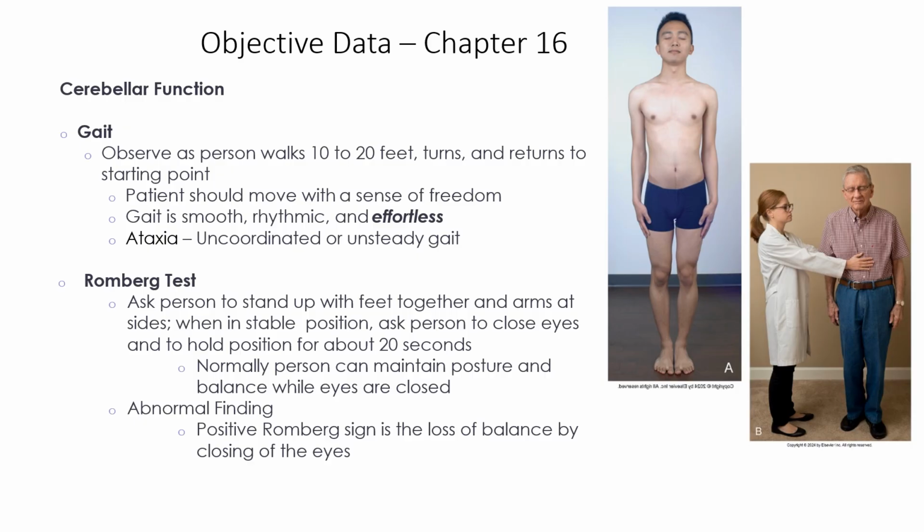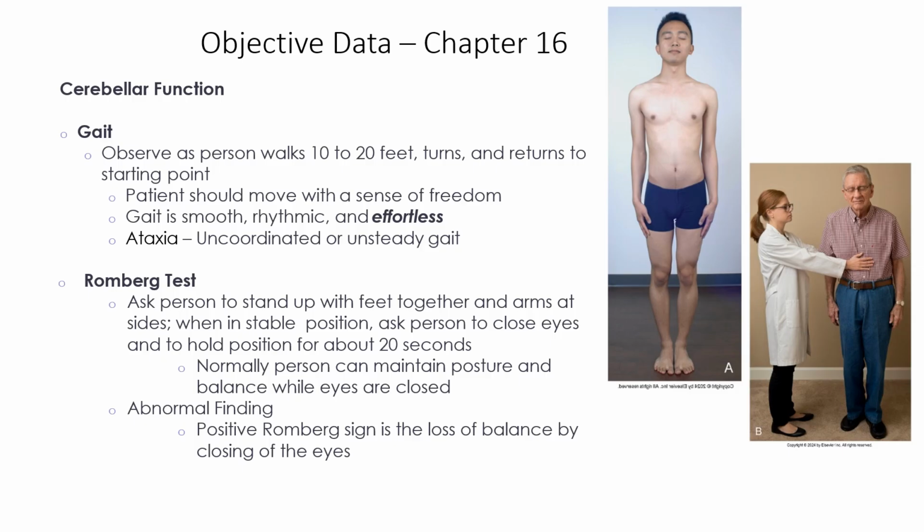Ataxia is an abnormal finding, and this is an uncoordinated or unsteady gait. Romberg test. You're going to ask the client to stand, feet together, arms at their sides. When they are stable, you're going to ask the client to close their eyes and hold that position for 20 seconds.